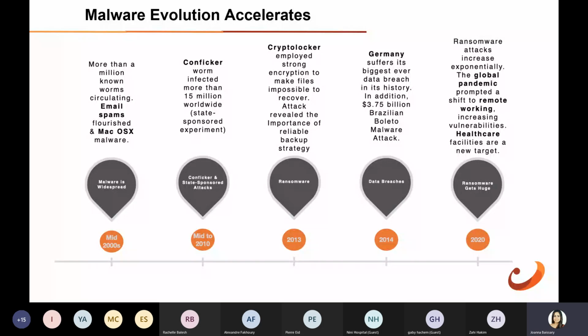The Conficker worm made its debut in November 2008, quickly infecting more than 15 million machines worldwide. Researchers theorized that not only was Conficker an experiment to test out new functionality and spreading capabilities, but that it was also a state-sponsored experiment.